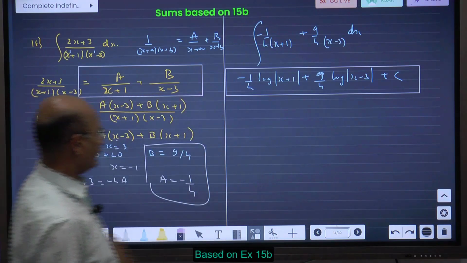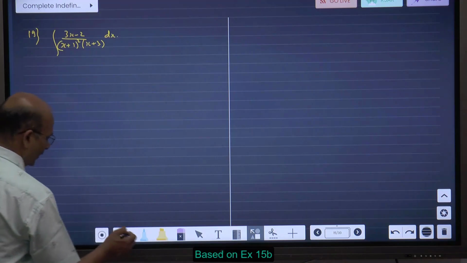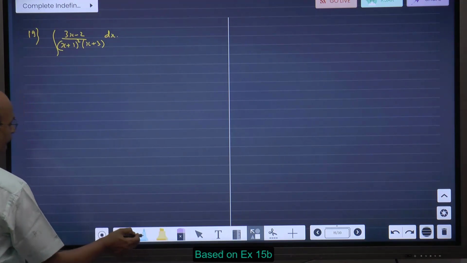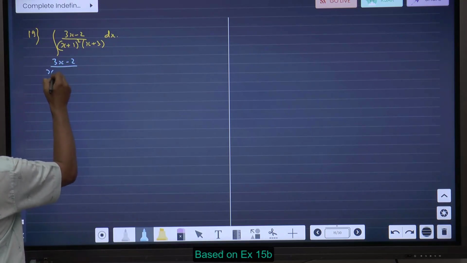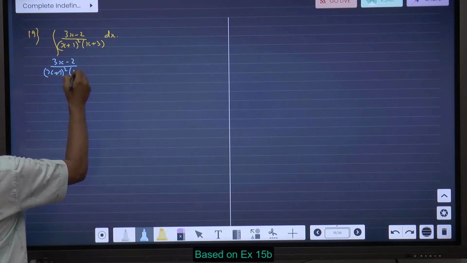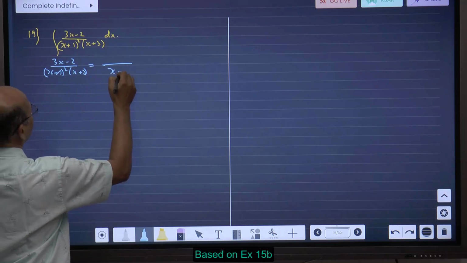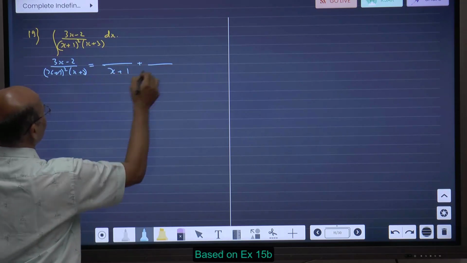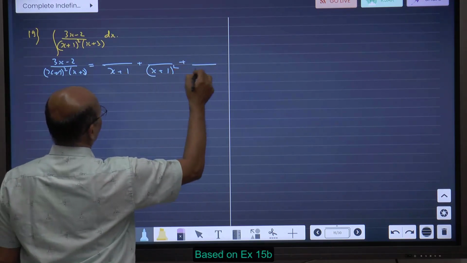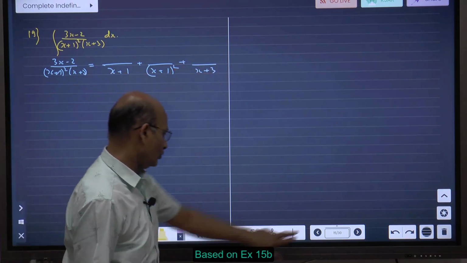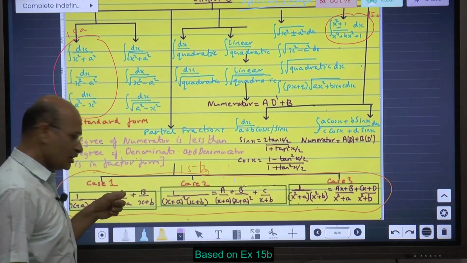Okay, now here we go. So let us see quickly how I do this. So 3x minus 2 upon this will be x plus 1 whole square into x plus 3. Now what I suggest is first write the factors: x plus 1, then x plus 1 whole square, and then x plus 3, because I want to share with you the constant.